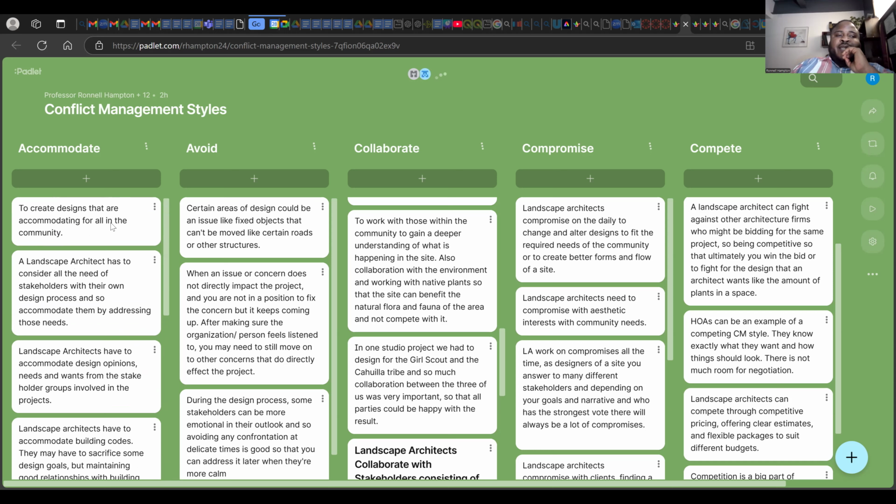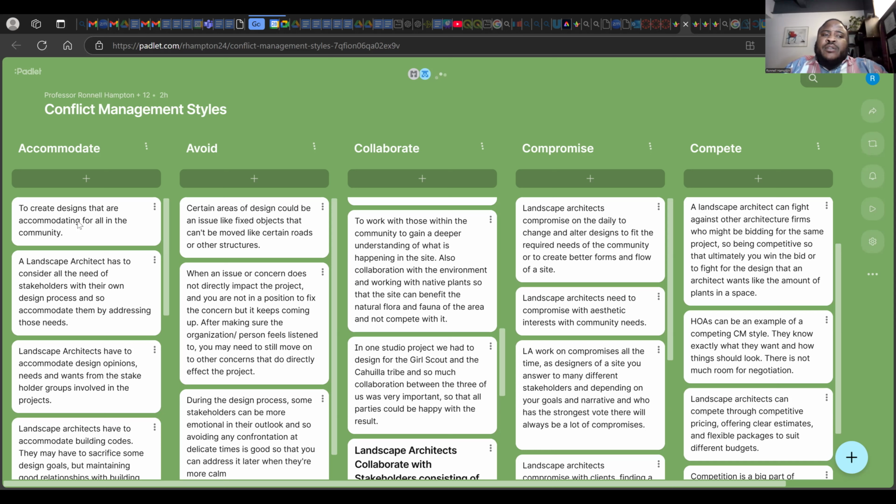To create designs that are accommodating for all in the community, right? So in landscape architecture, you're really thinking of the individual, how they'll use the site, how the site will impact their day-to-day lives. You also can accommodate the environment, right? The different flora and fauna that are native to the area, ensuring that there's a place for them to exist, raise their young, create that wildlife habitat component.